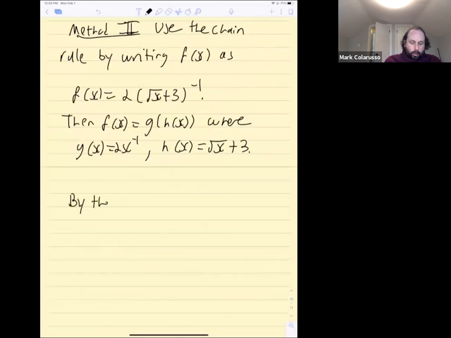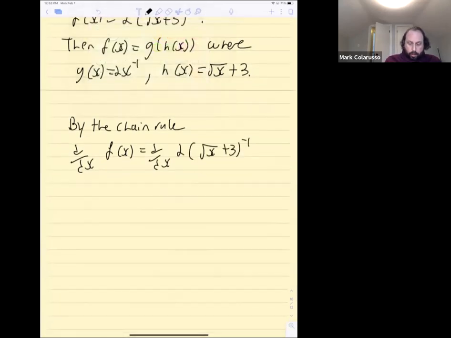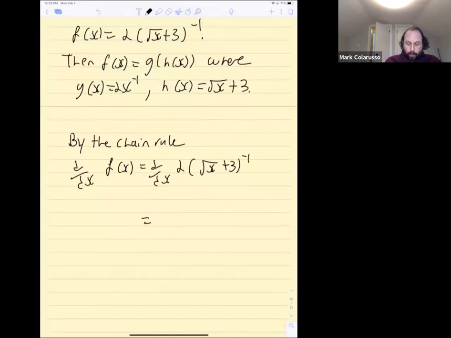So by the chain rule, the derivative of f is the derivative of this guy. The outer function is 2 times x to the minus 1. So by the power rule, the minus 1 comes down, exponentiate to the minus 2, evaluated at the inner function, then times the derivative of the inner function.